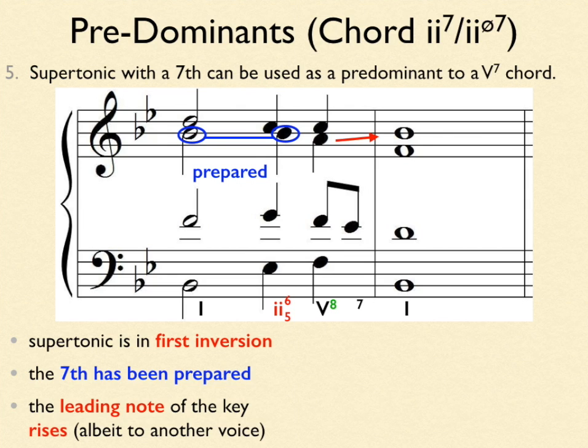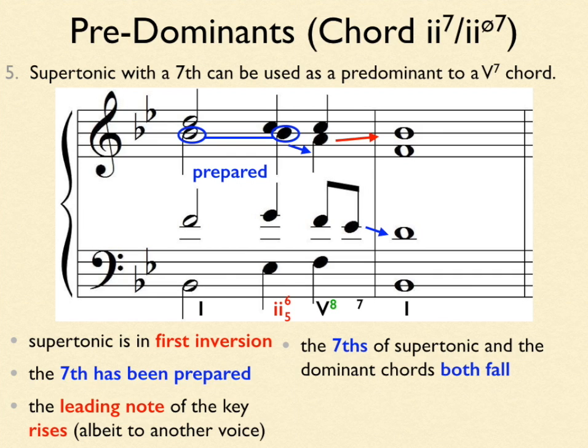The leading note of the key rises, albeit to another voice. As I said, the soprano has come down to the rescue to fill out that tone. The 7ths of the supertonic and the dominant chords both fall, so you can see how the 7th in the dominant 7th, the E flat, falls to the D, and the 7th in the supertonic 7th chord, the B flat, falls down to the A.